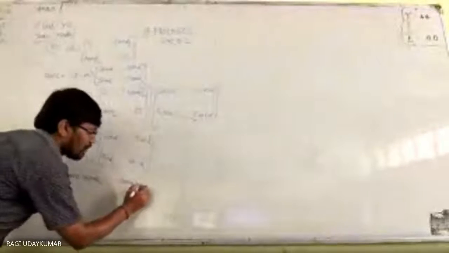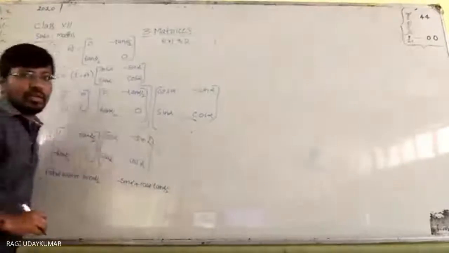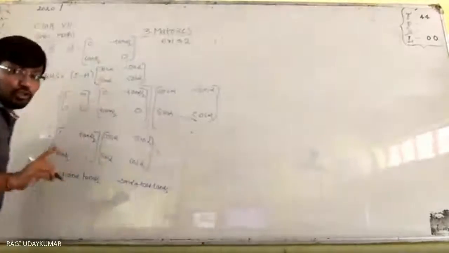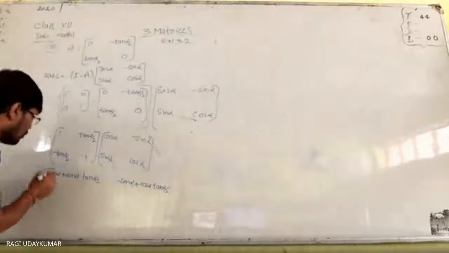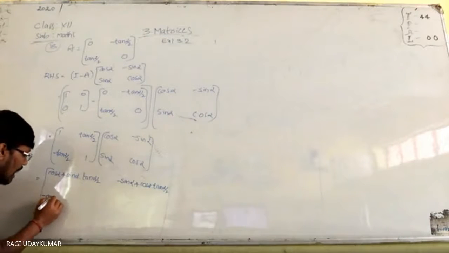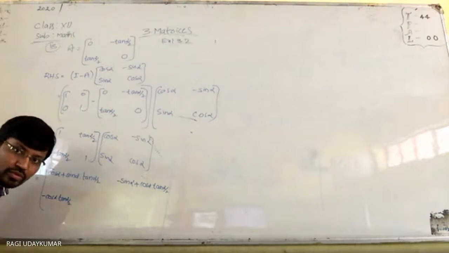Plus cos alpha into tan alpha by 2. Tan alpha by 2 is given to you here. Do remember that. So everything should be converted into alpha by 2. Next, minus cos alpha into tan alpha by 2.